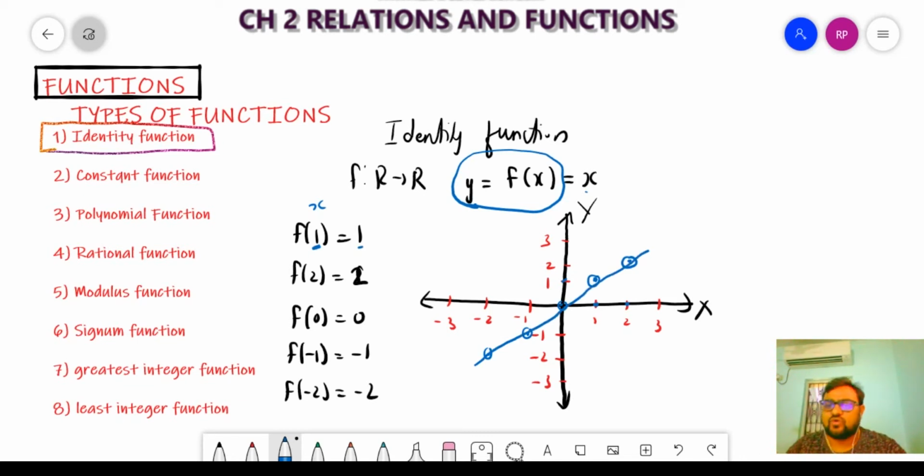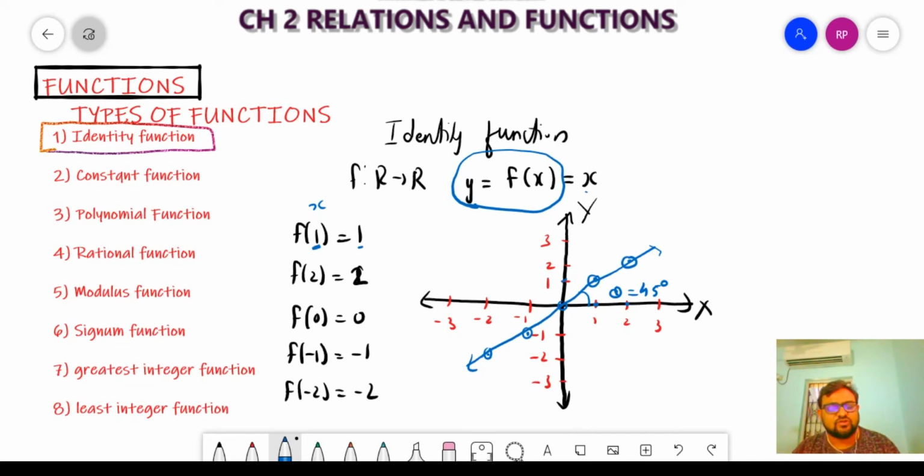For the identity function we get a straight line passing through the origin, and remember, it makes an angle theta equal to 45 degrees with the x-axis. This is the identity function. Clear?